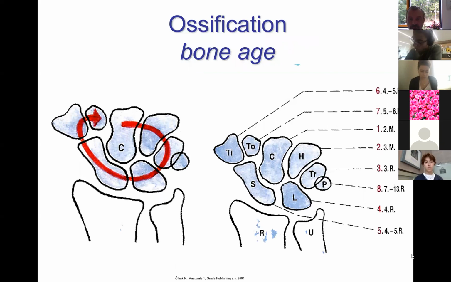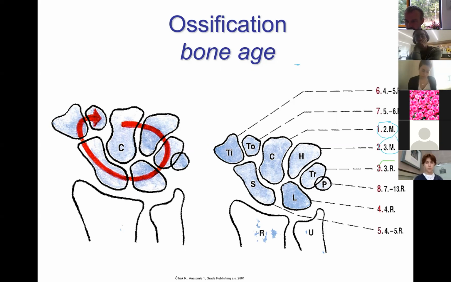And then the last information comes about the ossification of the bones. The bones ossify in a circle, starting from capitate. You can see that the capitate ossifies in the 2nd month of development. Then hamate in the 3rd month. Then there is a gap.